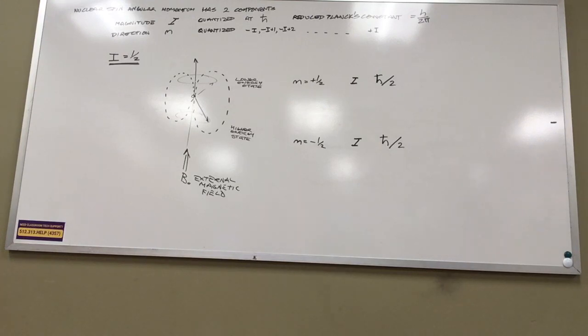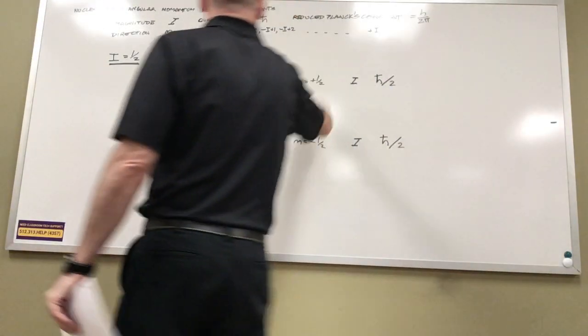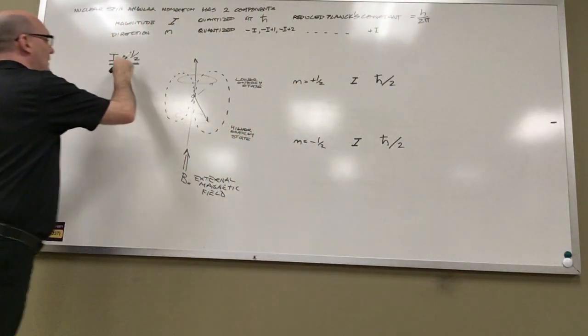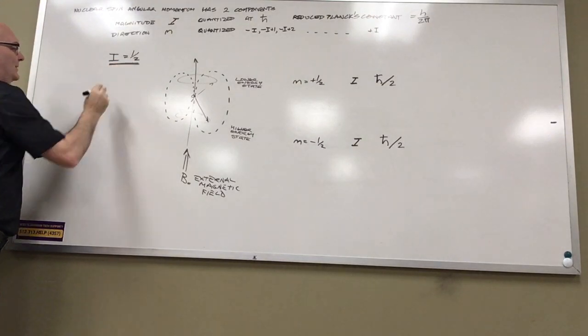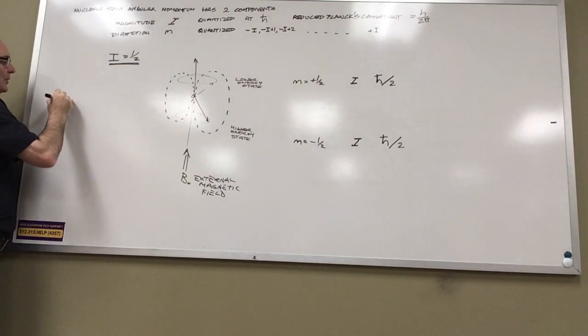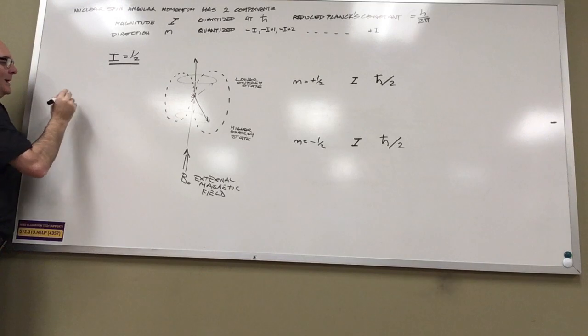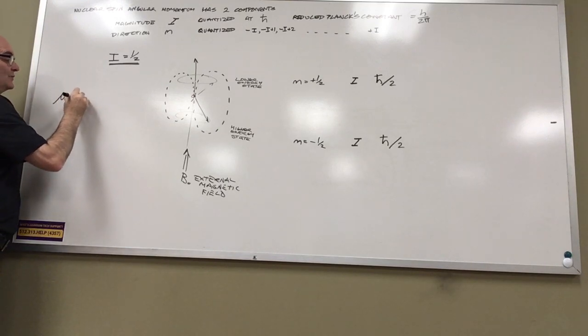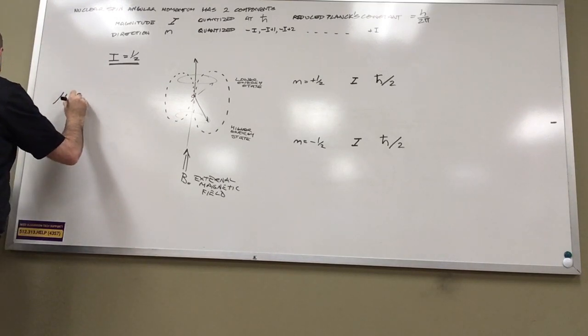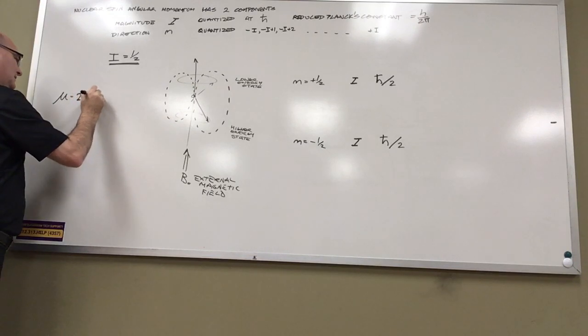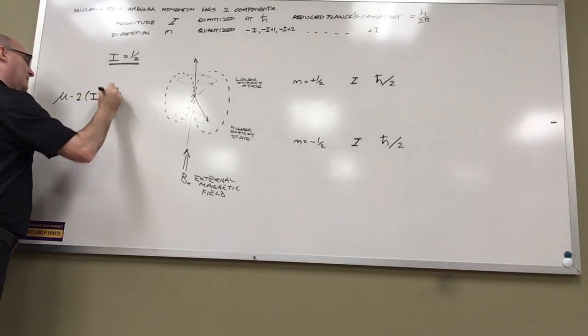And that's because the way that you can tell how many states you have comes back to this, that the total number of magnetic states is 2 times I plus 1.